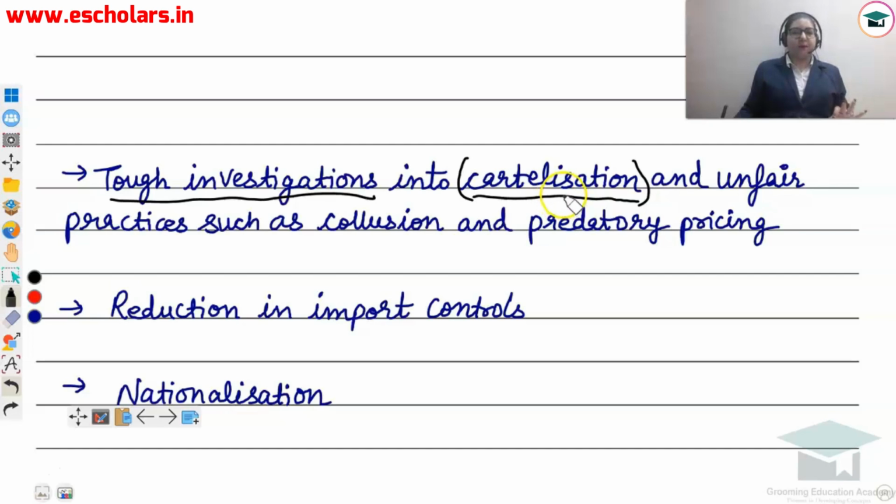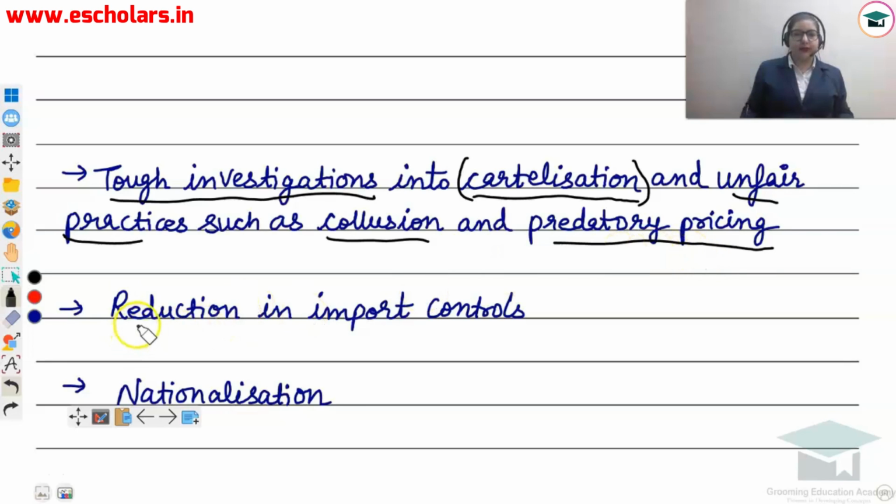So tough investigations are made by the government in order to prevent cartelization and unfair practices such as collusion and predatory pricing. Predatory pricing means when a dominant firm sets the price in such a way as to prevent the competitors in the market.